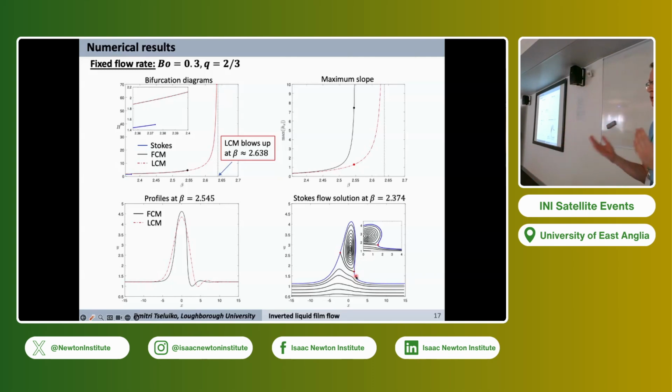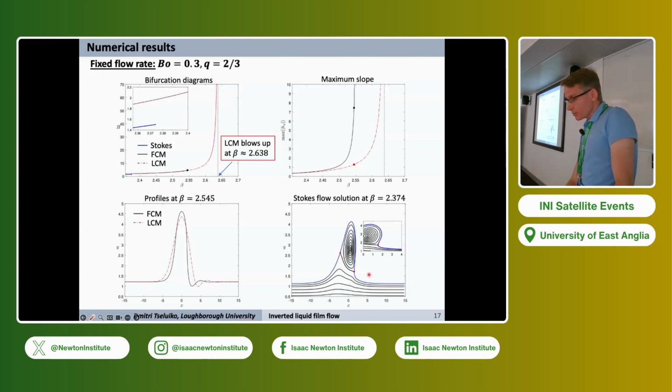So one hypothesis is that we may be approaching a cusp singularity at some critical angle, and that's why our computations break down, or maybe there is a very sharp turning point which we were not able to resolve with our current numerics. So this is ongoing work.